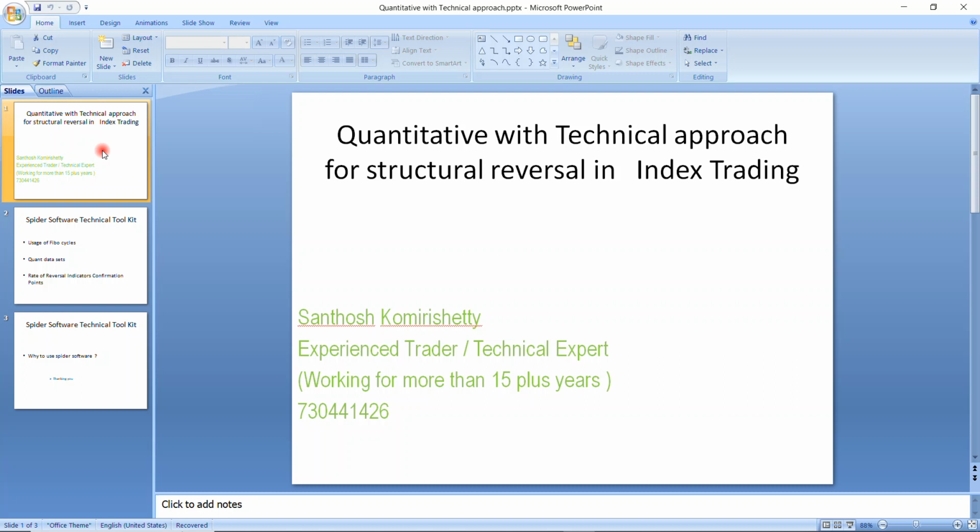With this approach, if we can add the analytical points of quantitative data analysis, where we select the quantitative data of a particular period and analyze only those periods of data with technical analysis toolkits, this approach will enhance your strike rate and increase your high risk reward trades.